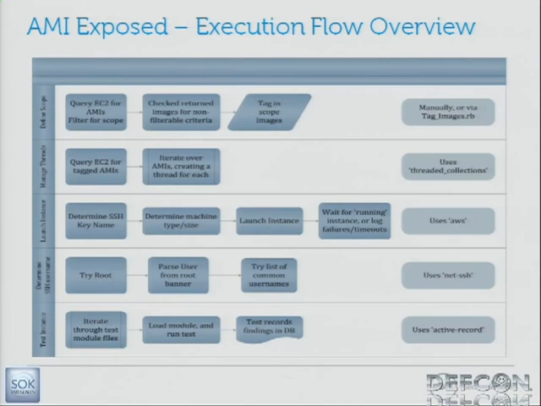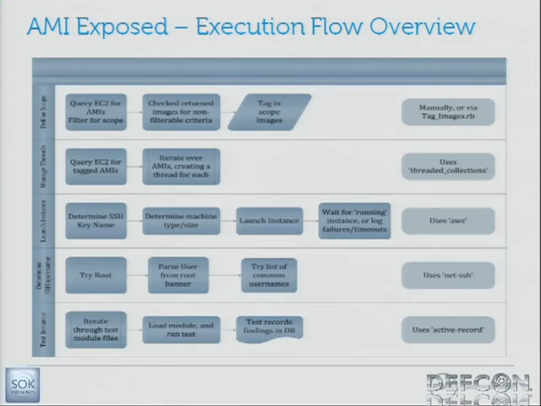Once we launch the instance, we have to figure out what account we're going to use. That's down there on determining the SSH username. We try and log in as root. If that fails, we try and parse any response that comes back. A lot of times you log in as root and you get a response that says, please use ABC instead of root. So we try and parse that from the banner.